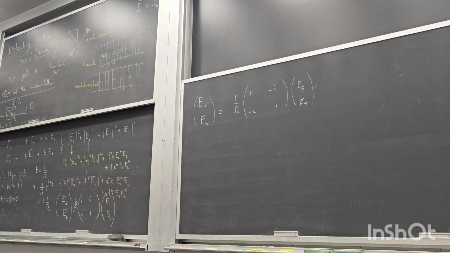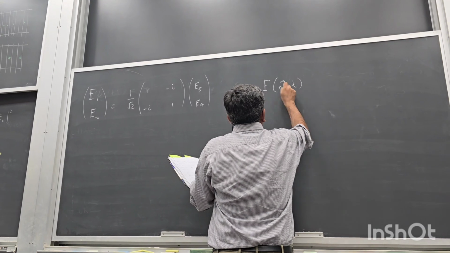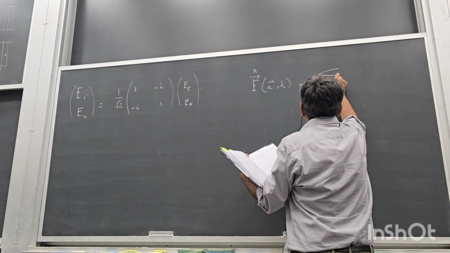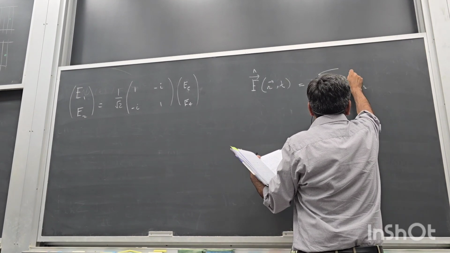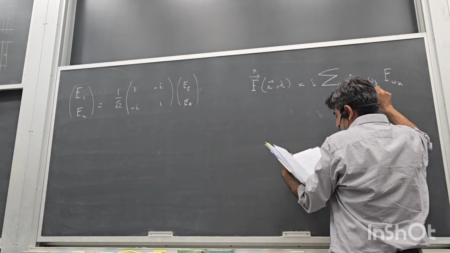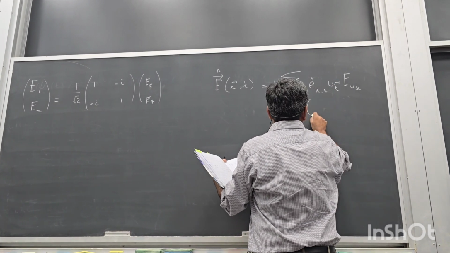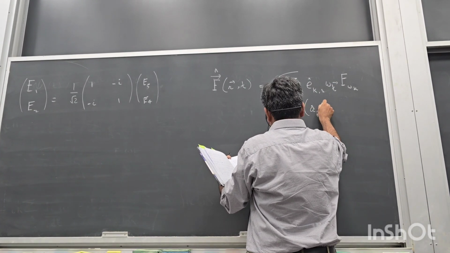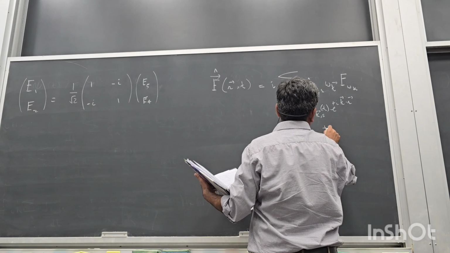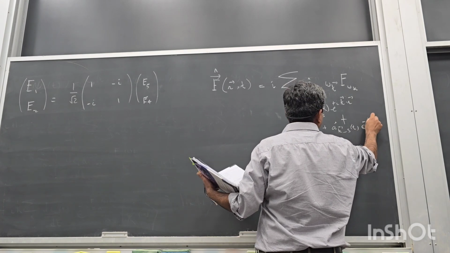In fact, the relationship that we wrote at that point in time was E of r, t becomes i, for the multiple modes, sum over k, s, unit vector epsilon, ħ omega k, this is the photon energy per photon, summed over all k, s, a k s of t e to the plus i k dot r, plus a k s of t dagger e to the minus i k dot r.